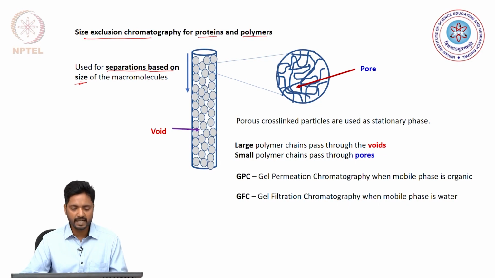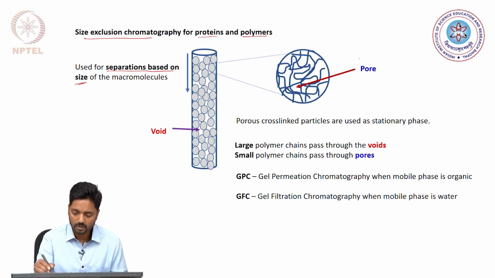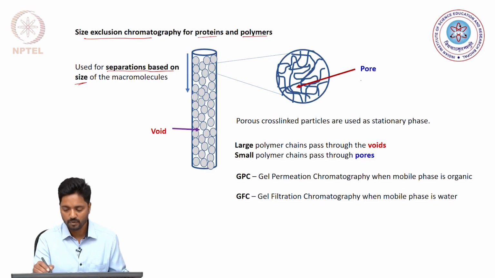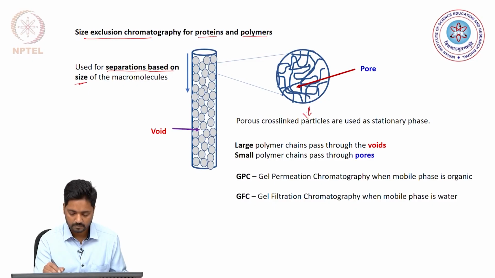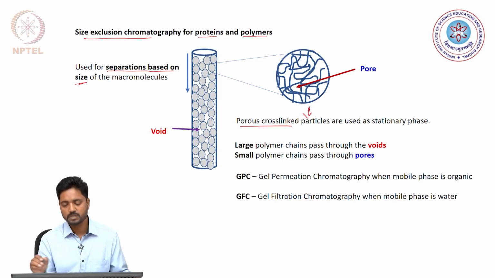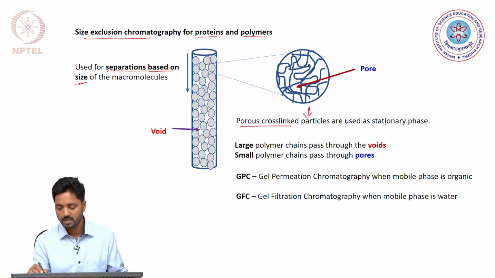In this case, the only major difference is that the stationary phase is made up of porous particles. So, we use porous cross-linked particles as stationary phase.